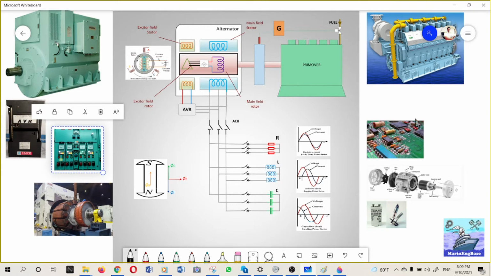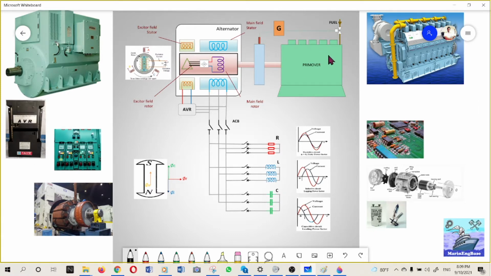Here are some loads: resistive load, inductive load. This is a strip view of an electrical induction motor, and a capacitive load. This is a starter of a fluorescent lamp.